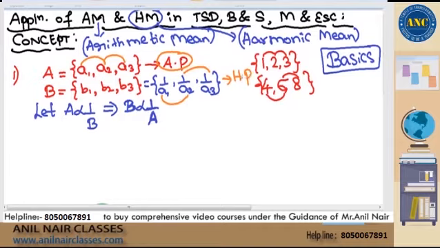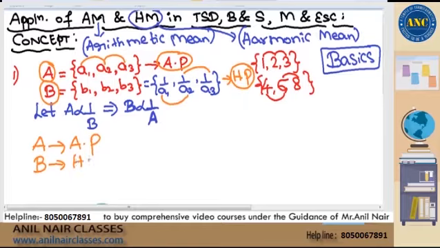Harmonic progression is nothing but the reciprocal of arithmetic progression. That means, can I say that if the elements of A are in arithmetic progression, then definitely the elements of B will be in harmonic progression only if A and B are inversely proportional to each other.